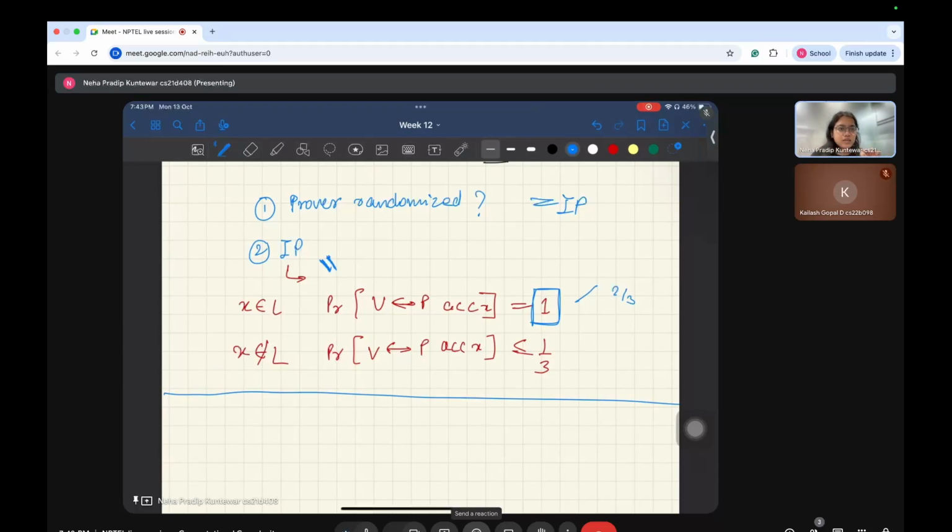If we tweak some parameters here and there, tinker with it, and ask whether the new model is now more powerful or less powerful with respect to IP. We can tinker with the number of rounds or the success probabilities. These are a few things that we saw. You can also think of other modifications.